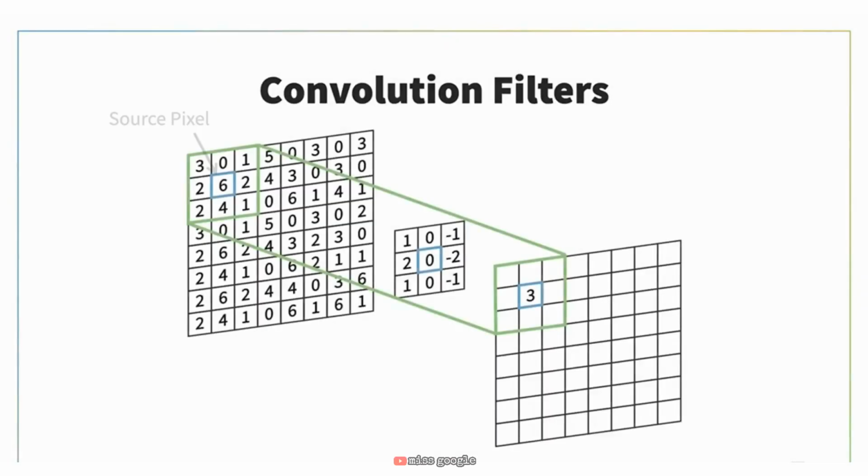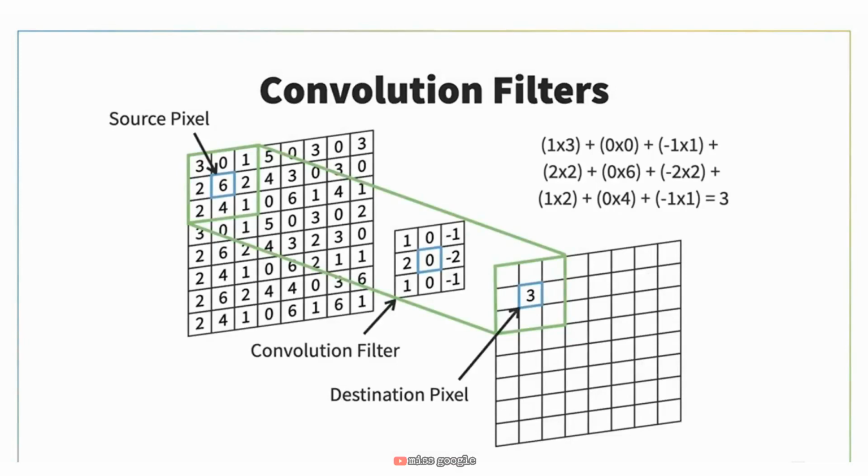Let me tell you about convolution filters, a special category of operations that can be applied to grayscale and color images. A convolution filter consists in taking a kernel, which is a small square matrix of odd dimensions, and we calculate the value of a corresponding pixel in a new resulting image exactly where the center of the kernel overlaps with the original picture.